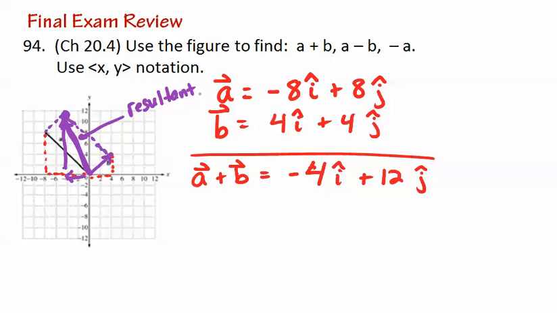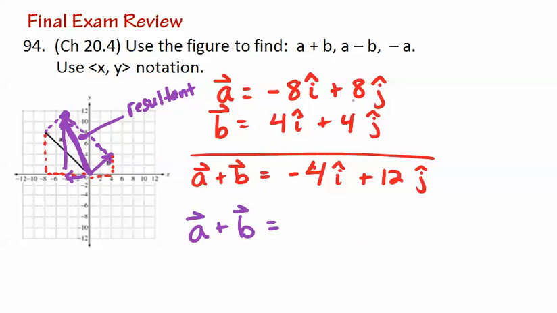Okay, to find a minus b, we would just put b going in the opposite direction. So we could visually draw it, but just turn the arrow around on vector b.